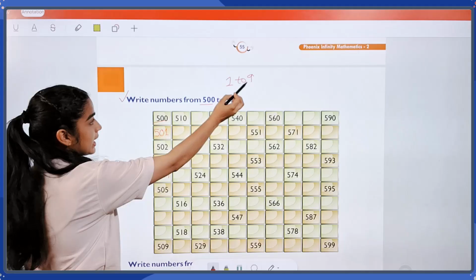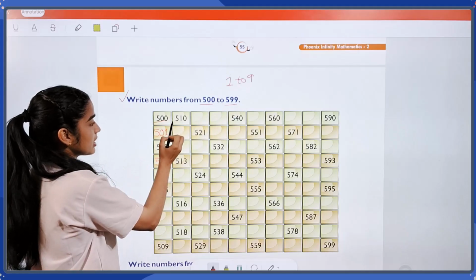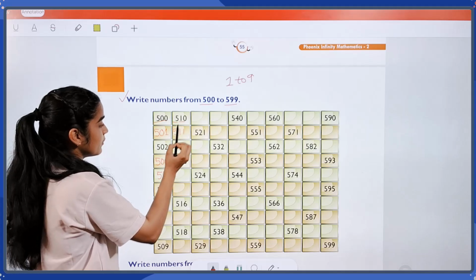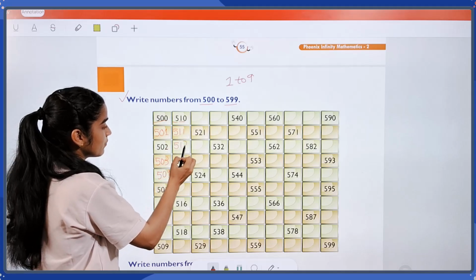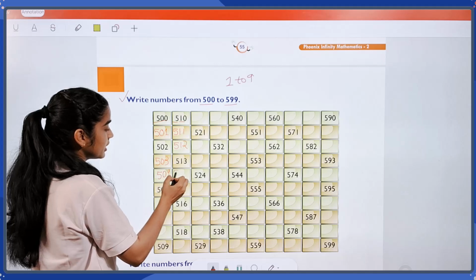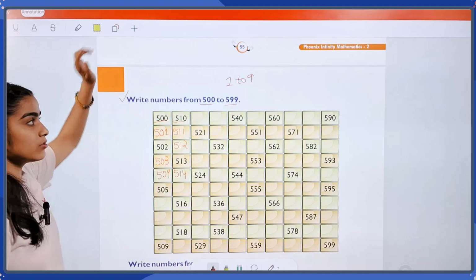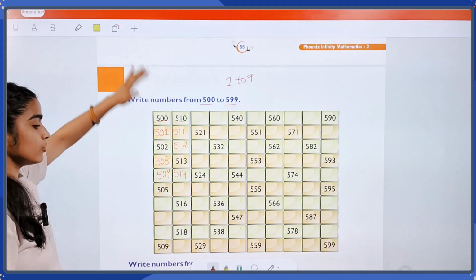Now after 9 we have 2-digit numbers. So we just write 5 and then 10. After 510 we have 511, 512, 513, 540. In the same way you have to complete this table as we did in 300 to 399 and 400 to 499.